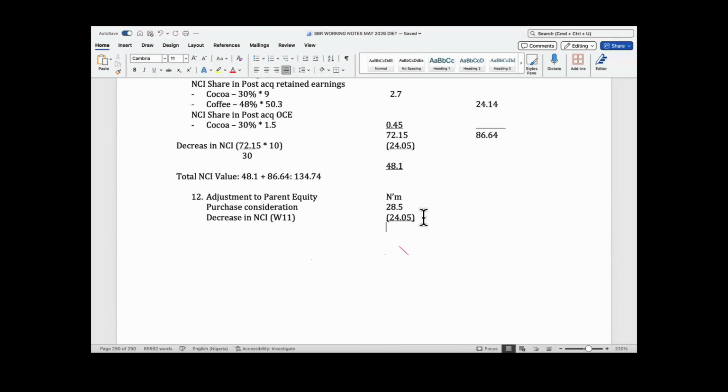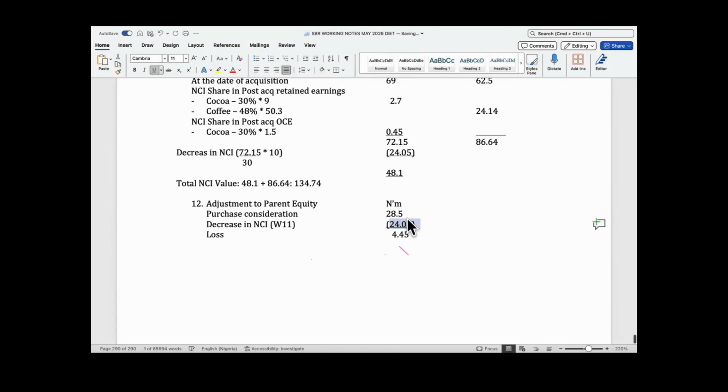4.45. Is this a gain or a loss? It is a loss. So we paid 28.5 for a value of 24.05.